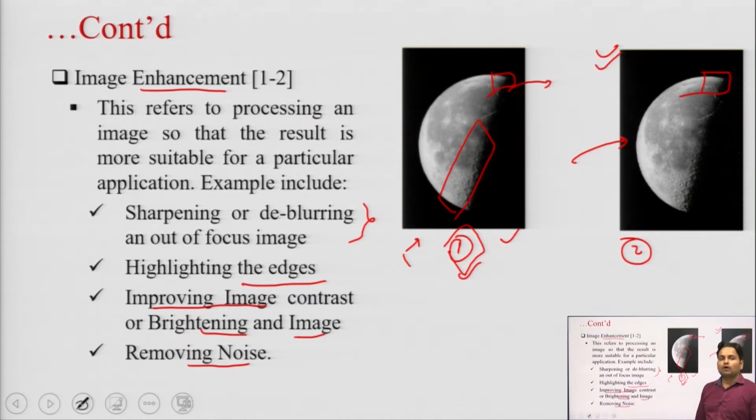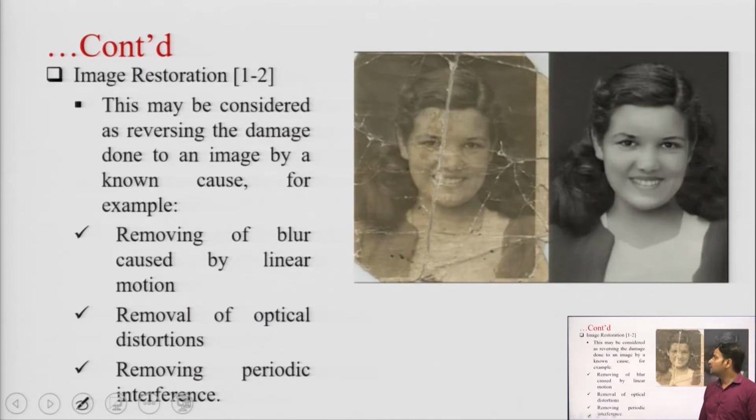Another portion we talk about is called image restoration. There is a very minute difference between image restoration and image enhancement. Here you can observe these two pictures. This is the first picture and this is the second picture. That picture is very old, and you can observe that the portion is completely broken here.